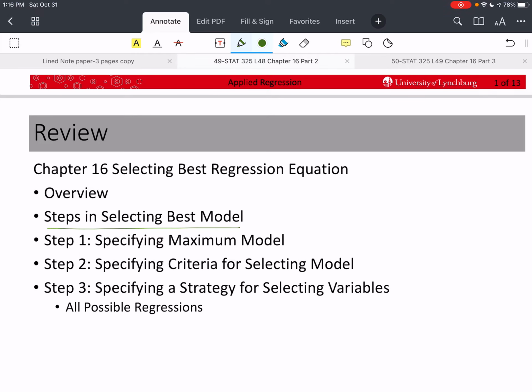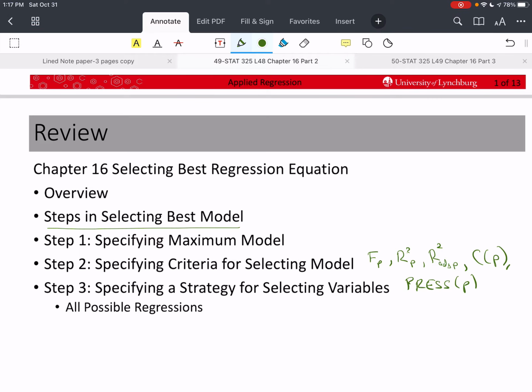And we went over quite a few different methods or criteria, and those included the F statistic, the R squared statistic, the adjusted R squared statistic, Mallow's C statistic, and then the PRESS statistic, and maybe one or two others.